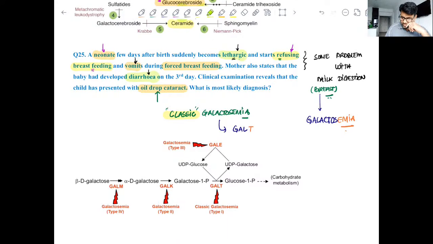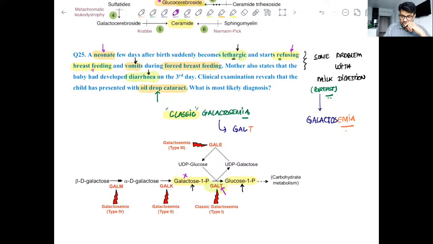So the classical galactosemia, where the conversion of galactose 1-phosphate to glucose 1-phosphate could not occur. So this is the reaction, galactose 1-phosphate to glucose 1-phosphate. It means there is defective conversion or defective metabolism of galactose. The newborn is not able to tolerate galactose because the enzyme which is needed for conversion is deficient. It is not working.